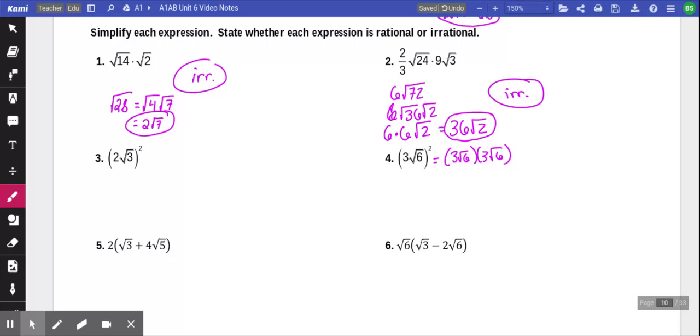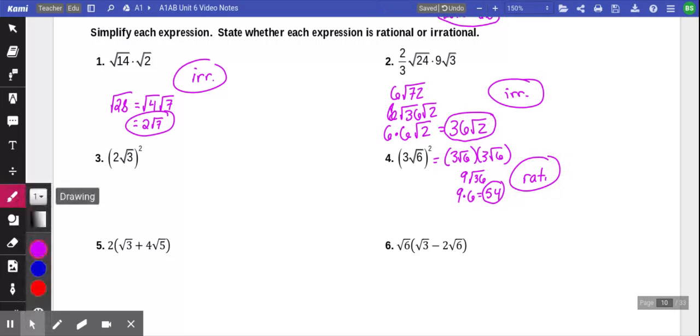And then we can just use our multiplication rule that 3 times 3 is 9. Radical 6 times radical 6 is radical 36. Well, 9 times 6 would give us our final answer here because the square root of 36 is 6, and then we will get 54. There's no more radicals, so this is a rational number.